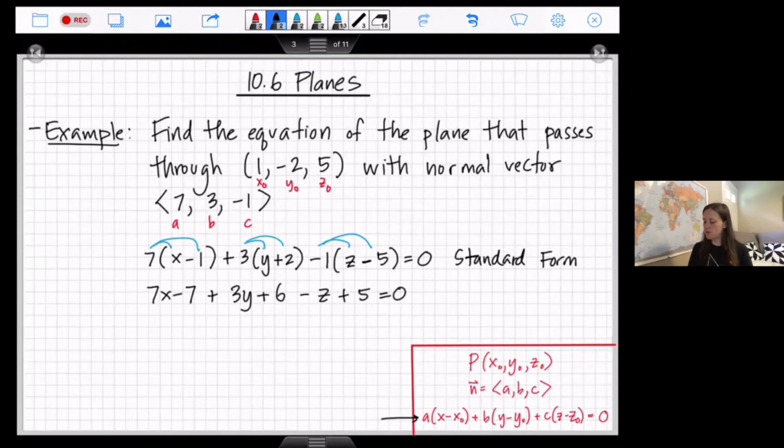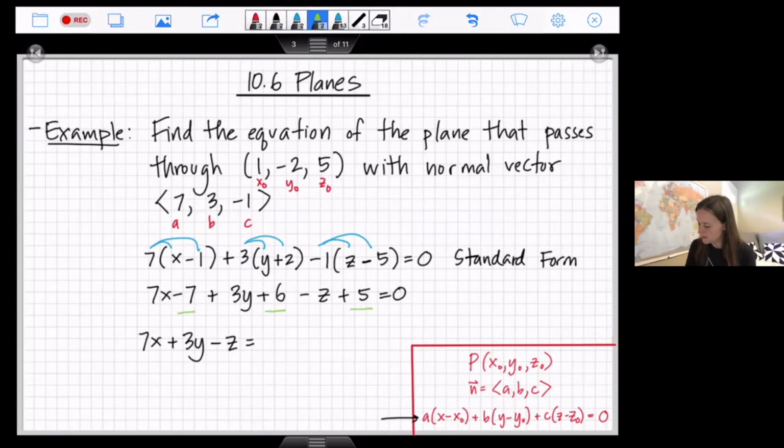So just distributed everything. We're going to leave the letter stuff over on the left and move the number stuff over to the right. So we get 7x plus 3y minus z equals, okay, so over here I had my numbers. I had negative 7 plus 6 plus 5.